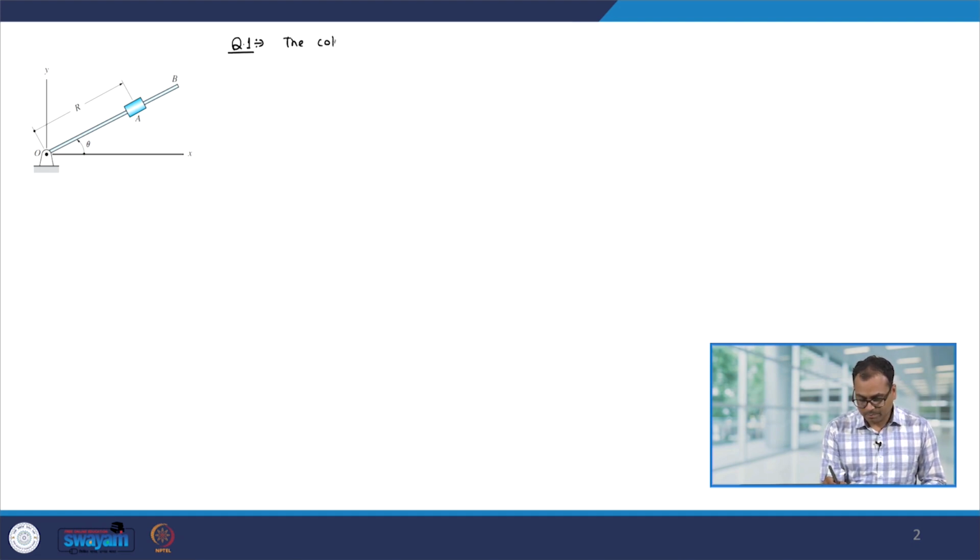The collar A slides along the rotating rod OB.